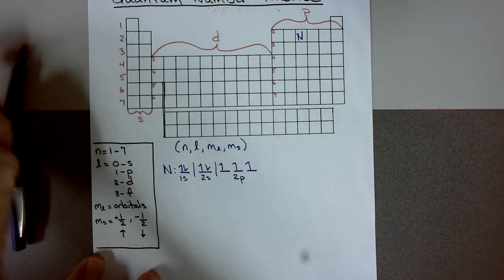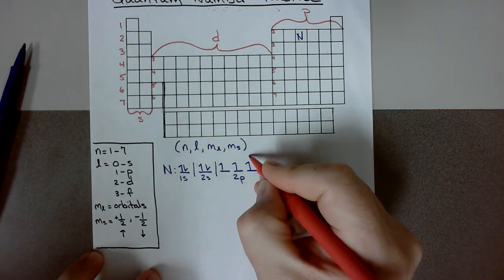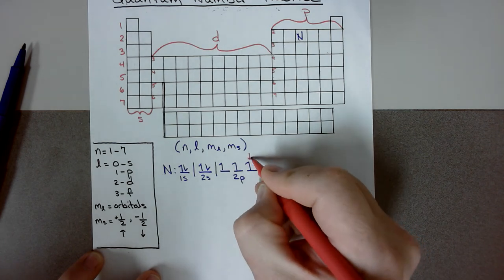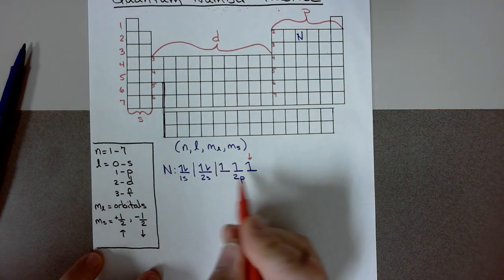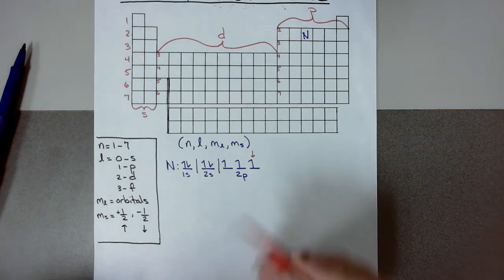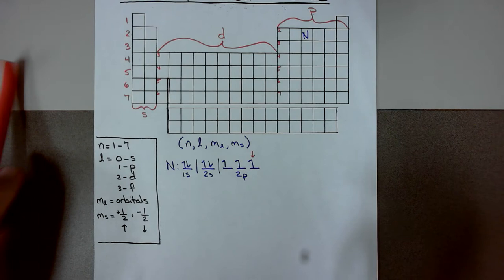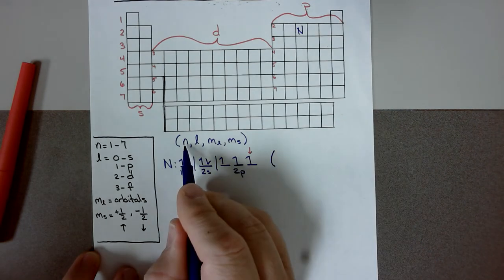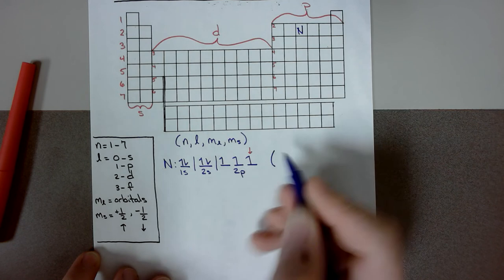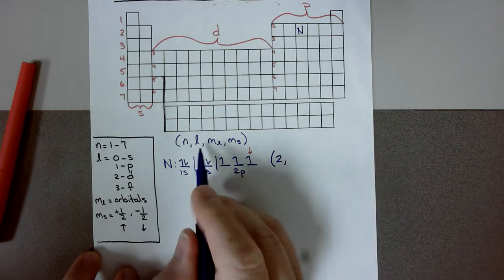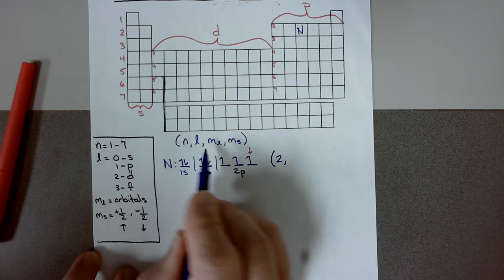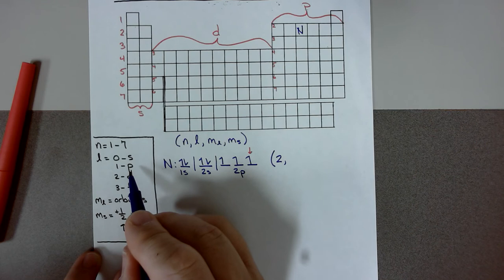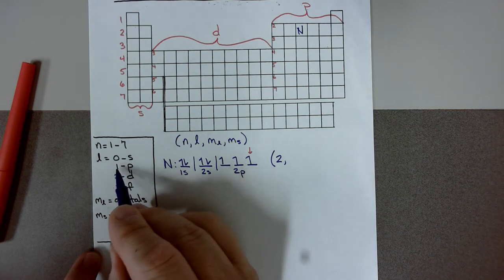Now again, we're going to do the quantum number set for this last electron. It could be for any of them, but I'm choosing to do it for the last electron today. I have to look at the energy level N, which would be energy level 2. Then the quantum number L represents the sublevel, and my sublevel is P, which is represented with the number 1.